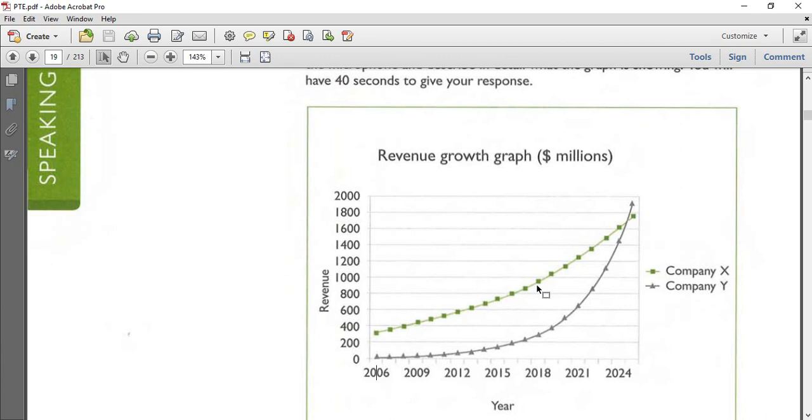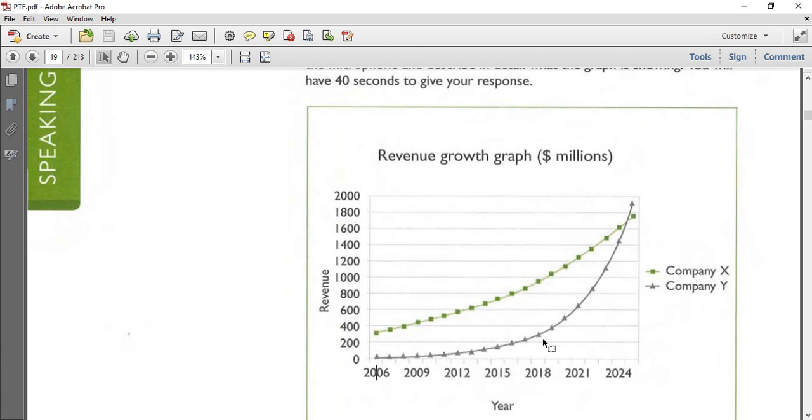And for company X, it does not really increase rapidly. I can say that the increment is gradual.